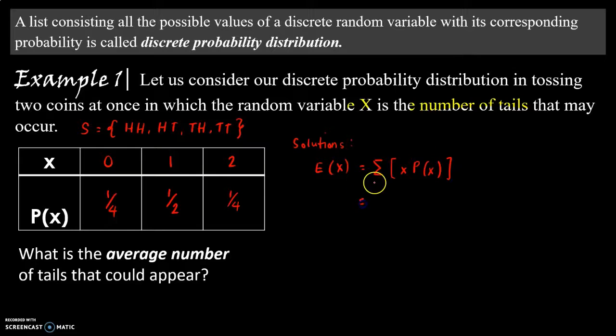We know that summation pertains to the total, meaning to say we will add. So let's start with the first value of x, which is 0. So we have 0 times the corresponding probability of 0, which is 1/4.